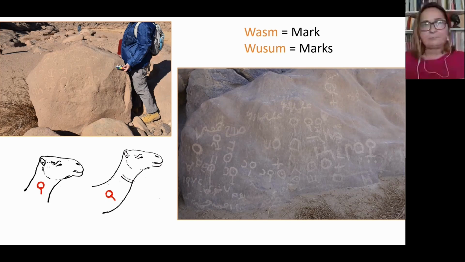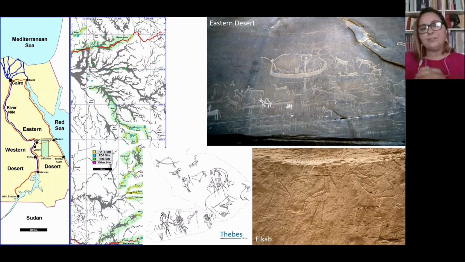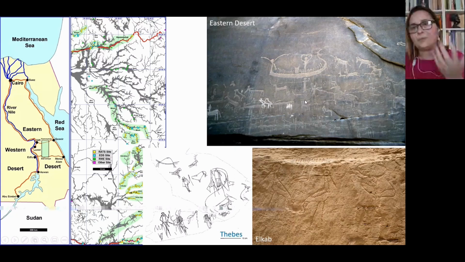Now, if we go a little bit farther than the First Cataract region, as I said, a crossroads of people and ideas, and it was also the ancient border between Egypt and Nubia. We can see that this kind of rock art has many connections, of course, with the Upper Egyptian rock art and the Egyptian Eastern Desert rock art. This is the closest connection, not only with the typical 4th millennium iconographic representation of boats and hunting scenes of different kinds, but also with this royal agency.